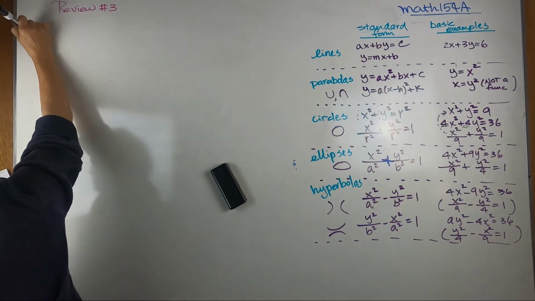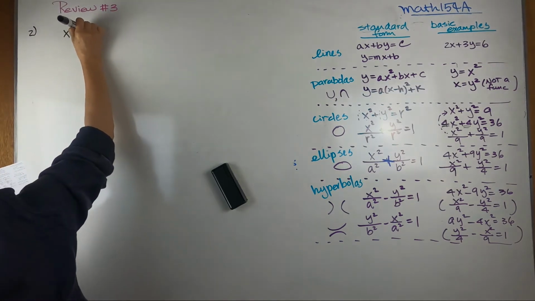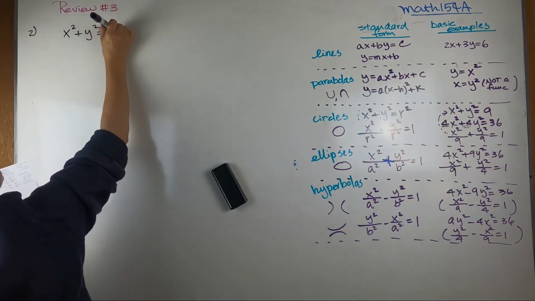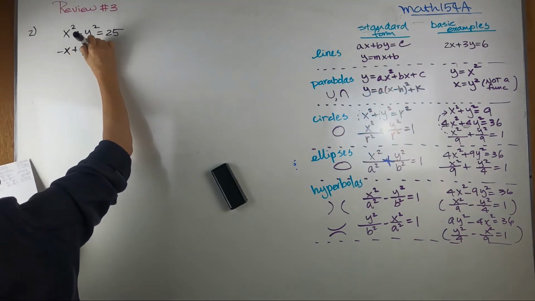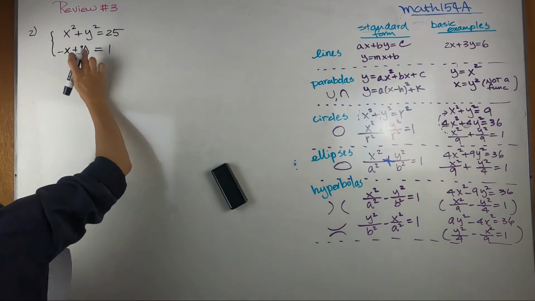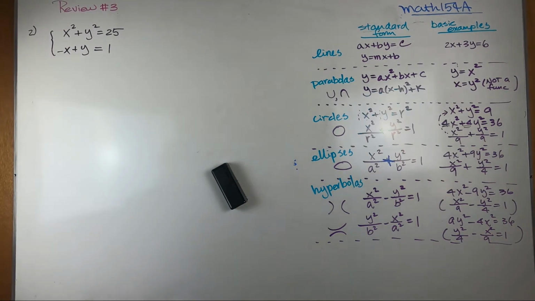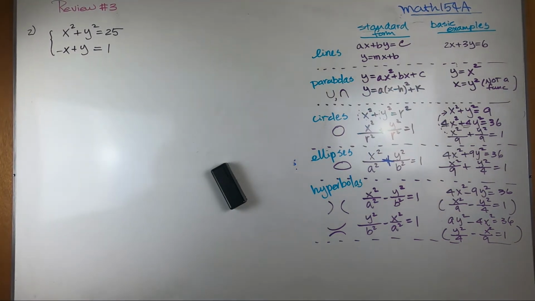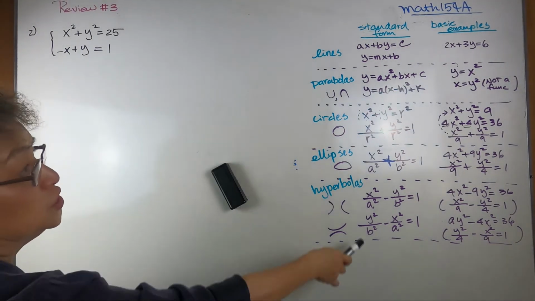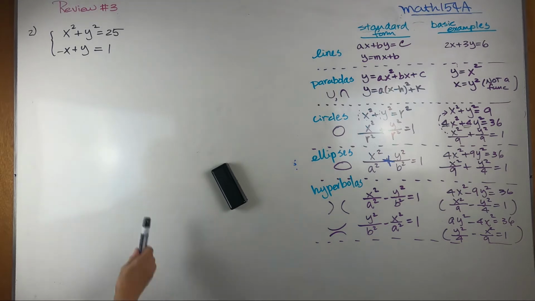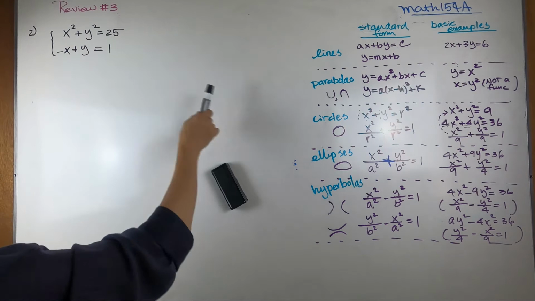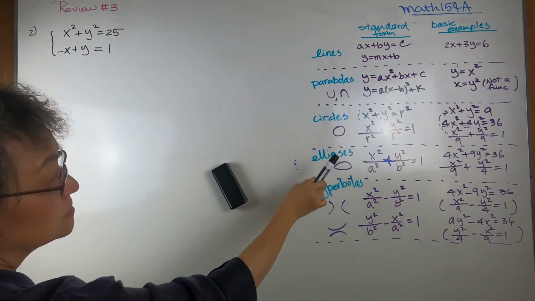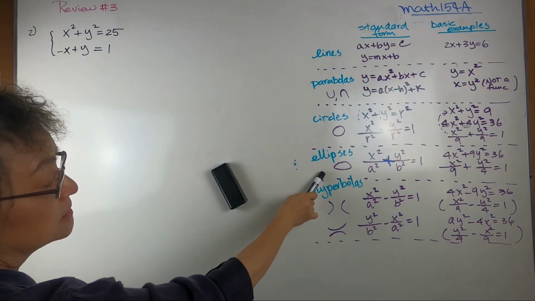On your second problem, x squared plus y squared equals 25. Before we graph it, one of those things for the conic system, we see where do they meet. First, you have to decide which shape it will be. X squared plus y squared. It's a plus, so either it's a circle or an ellipse, right?